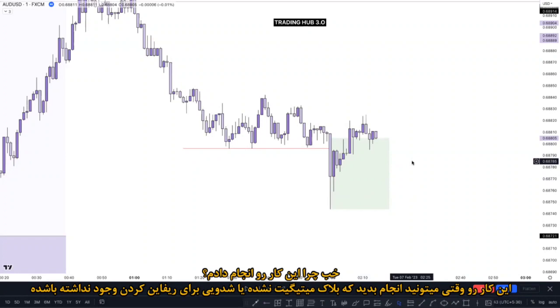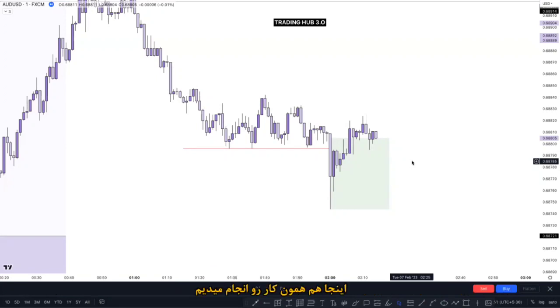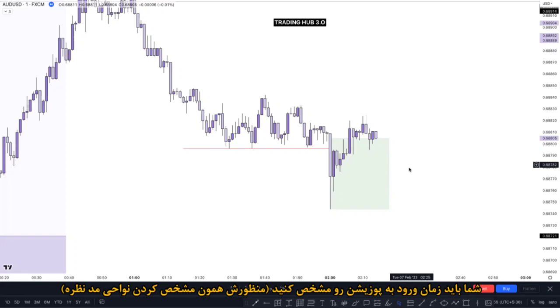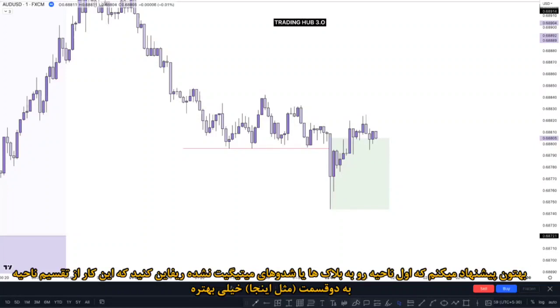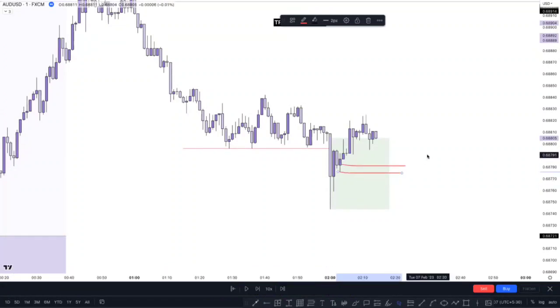Because you can also take it in that case if there is no unmitigated order block or shadow, anything. In that case, you can take it, right? Simply you have to identify when you can take entry for the buy, right? But I will suggest first of all you refine an unmitigated order block, unmitigated shadow, anything. This is much better compared to the fib level, right?